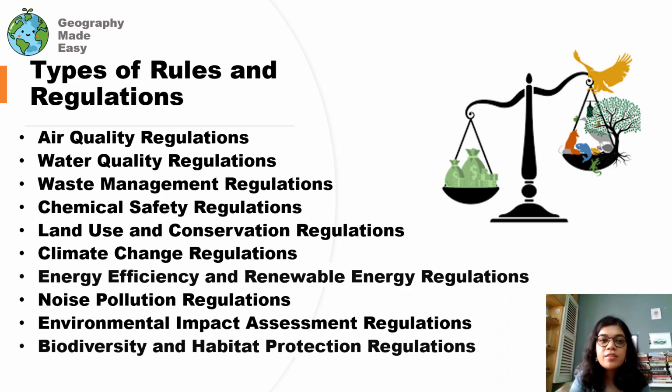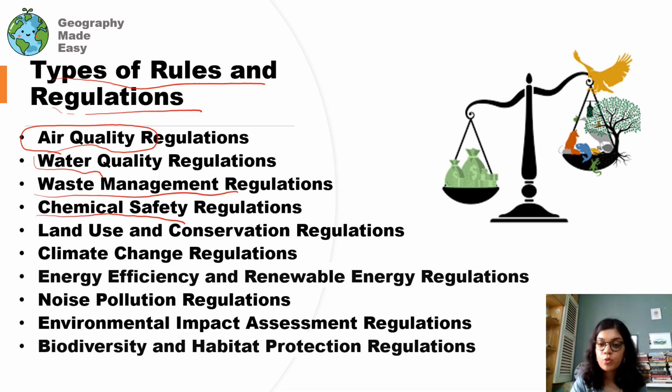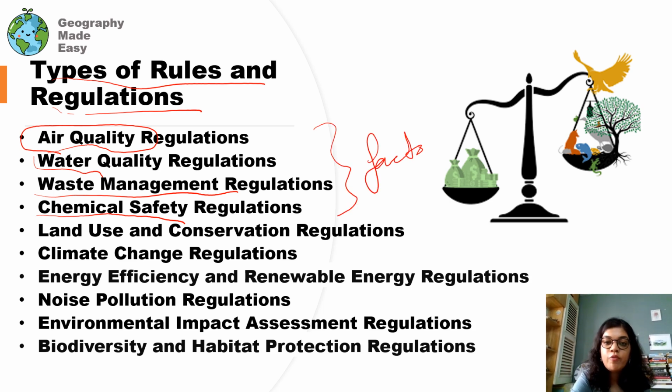So what are the different types of rules and regulations which are there in India? If we look at them very broadly, they can be divided into a number of types, and here we are just discussing the types of rules and regulations which are there. They are the air quality regulations, water quality regulations, waste management regulations, and chemical safety regulations. These are basically related to all the factories which are into manufacturing.